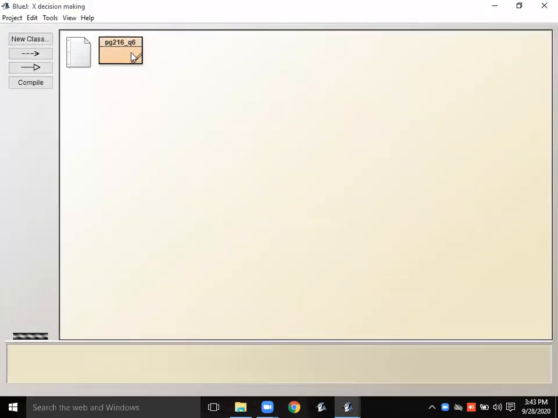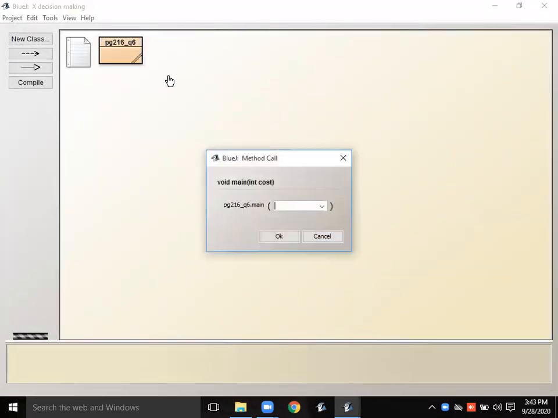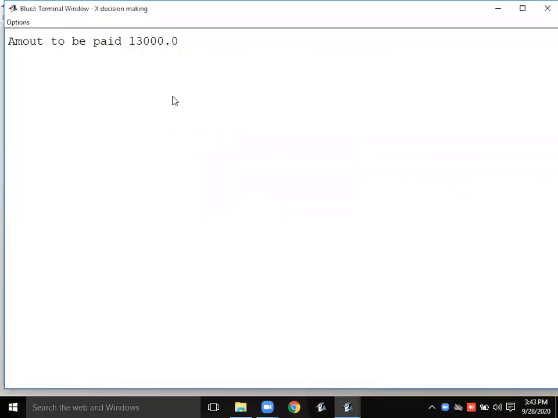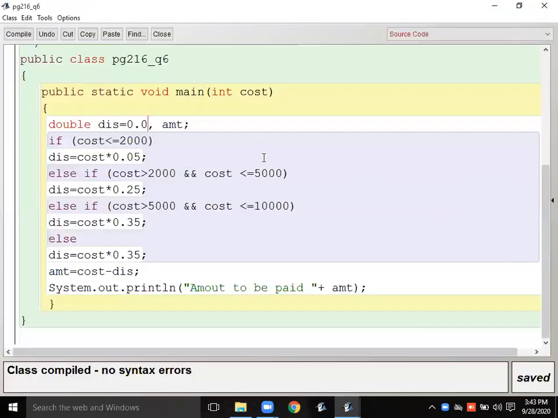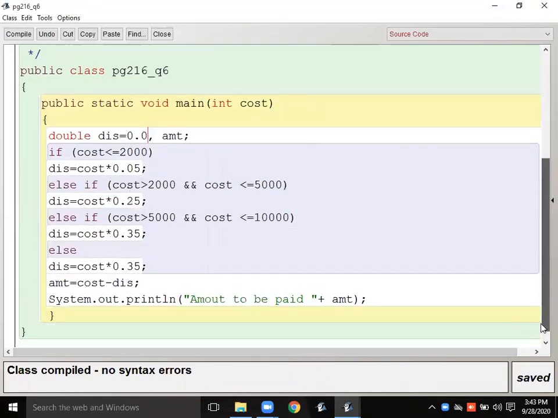Okay, if I'm purchasing more than 10,000, suppose I'm giving 10,000 to 20,000. See that 13,000 only is to be paid. 13,000? No. See in the question, 50%.